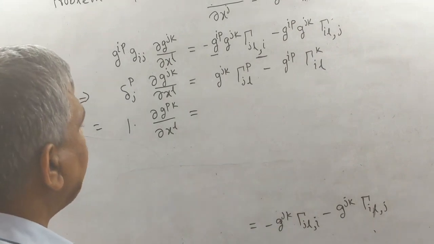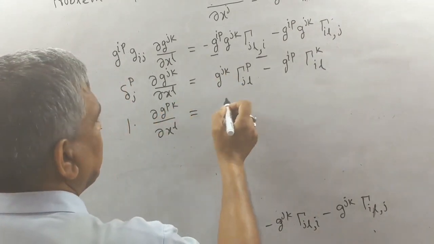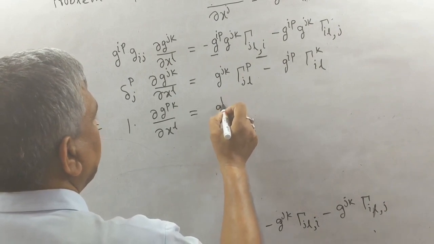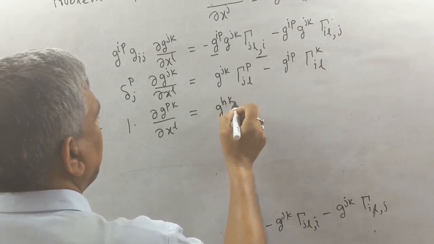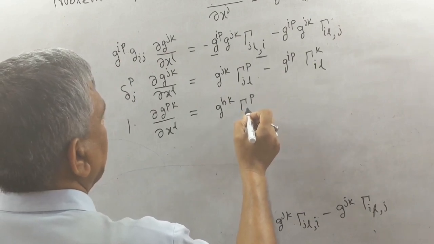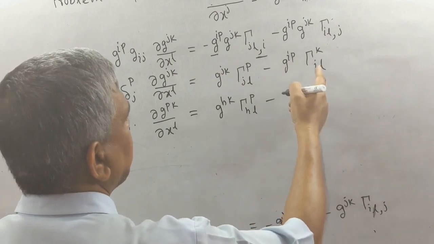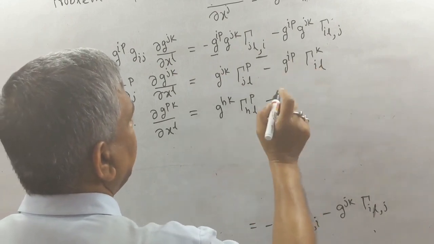Here we replace j by h, dummy suffix. So we may replace dummy suffix by any suffix. [ph,l] minus, here also dummy suffix i, we may replace i by h.